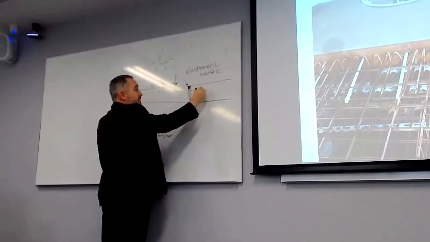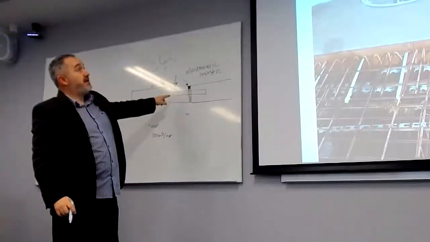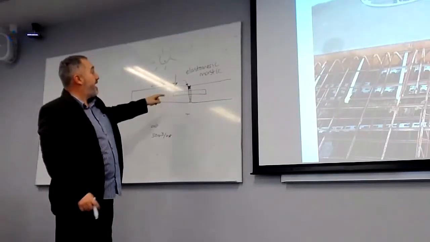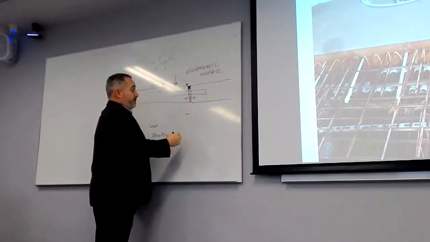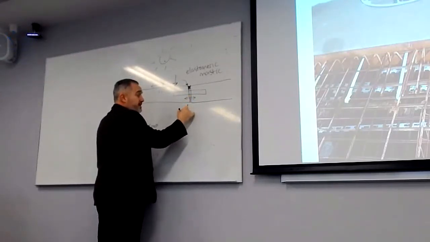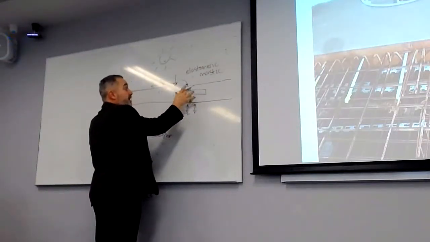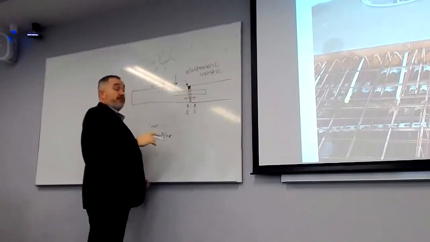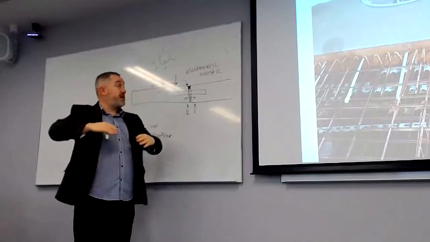So what you need is a piece of steel which allows the expansion to occur. So there's going to be no movement vertically, but if you join the two pieces of concrete together with a reinforcement bar, it's going to hog or sag.